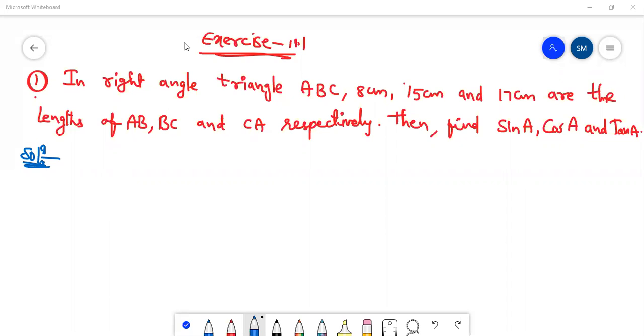Exercise 11.1. The first problem: in right angle triangle ABC, 8 centimeter, 15 centimeter and 17 centimeter are the lengths of AB, BC and CA respectively. First we can draw the right angle triangle.